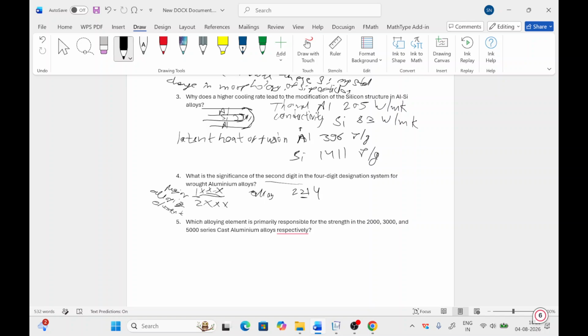Like if it is 0, it represents the impurity level as other alloying elements. And if it is 1 to 9, then it represents emphasized control to achieve certain properties.